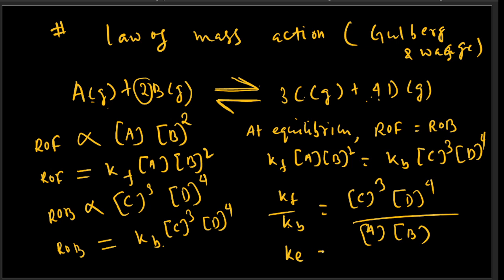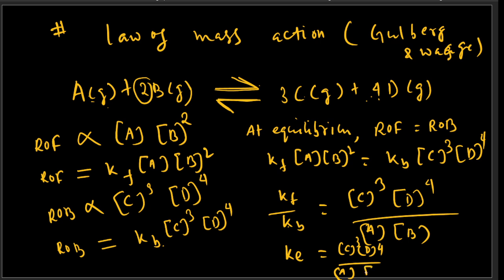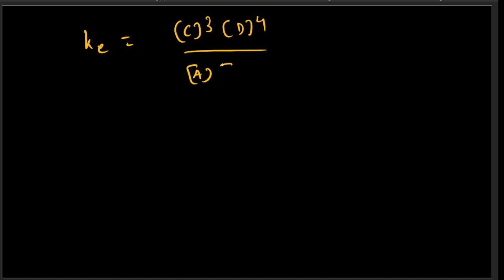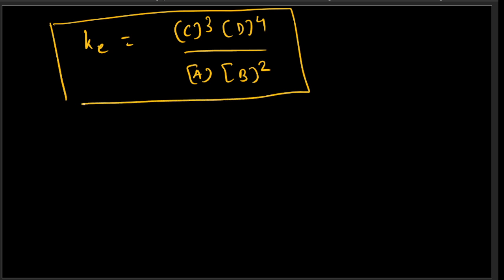So Ke is equal to concentration of C cube, concentration of D to the power 4, over concentration of A and concentration of B square. This is given by the law of mass action.